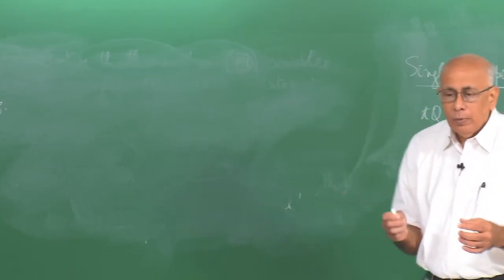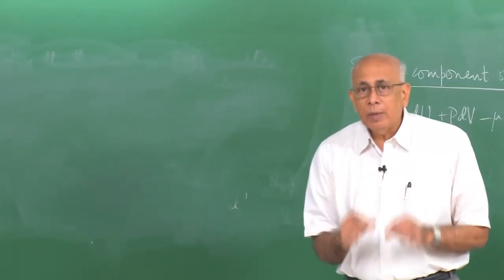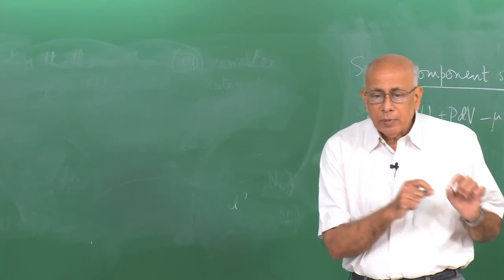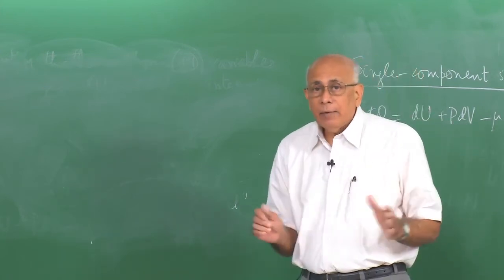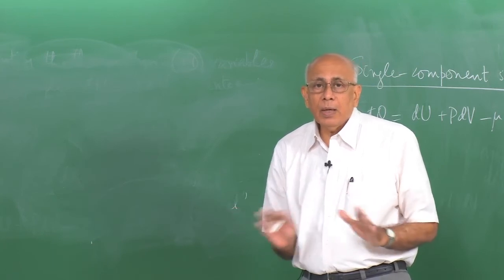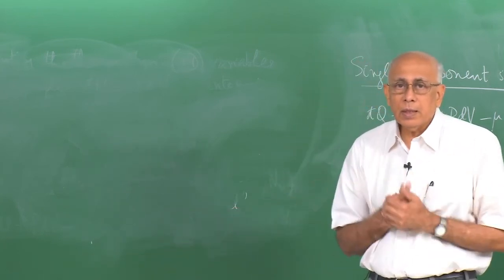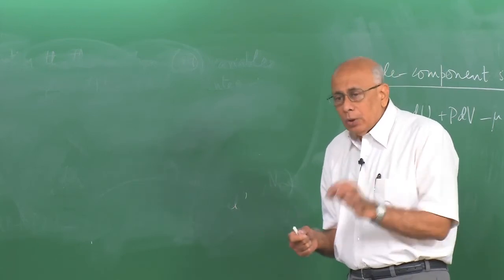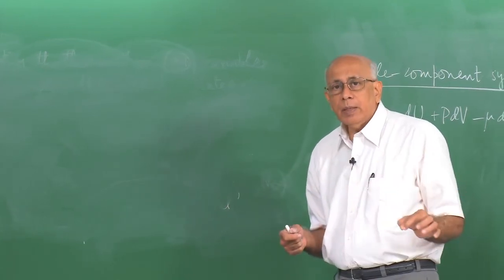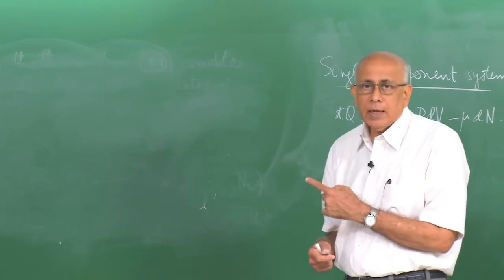But we have already seen what is meant by thermal equilibrium. A thermal equilibrium state is one in which all averages of macroscopic quantities are time independent. Now when you make a change of state, if you ensure that you go through a sequence of equilibrium states, then we have a quasi-static process.